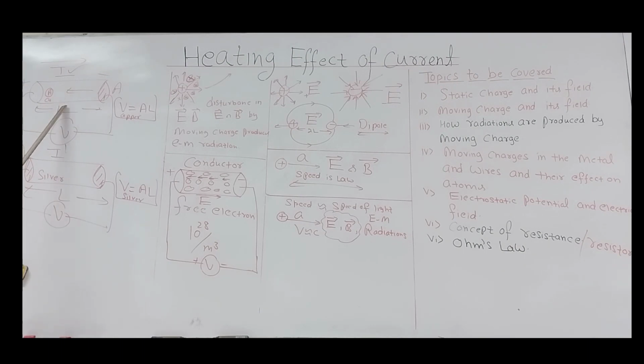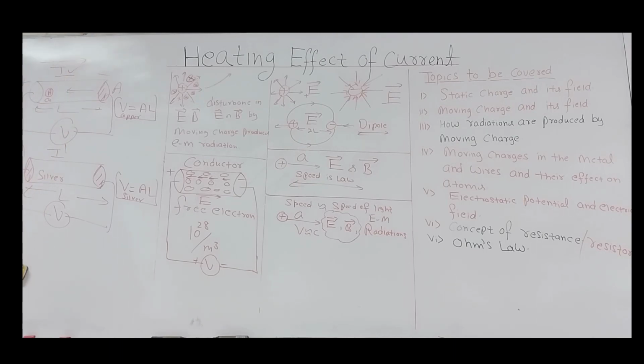Because this wire has a different resistance and that wire has a different resistance. Due to the difference in resistance, their currents are different. So under the same potential difference, the same dimensions and the same volume, if two different materials give two different currents, then the reason is their difference in resistance.